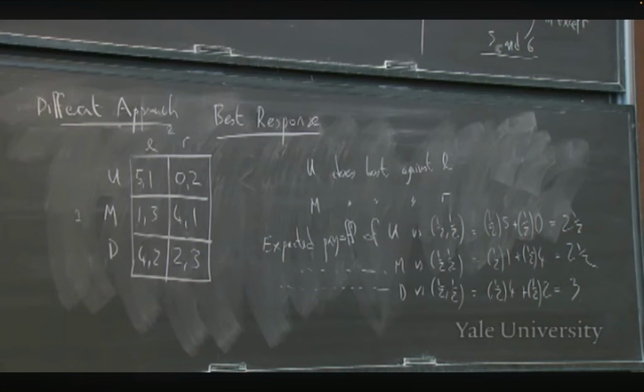But that's not the only beliefs I could have. For example, I could believe that it's twice as likely that the person's going to choose left as right. So equally likely was probabilities of half and half. What probabilities are associated with thinking it's twice as likely they're going to choose left than right? 2/3, 1/3, right?